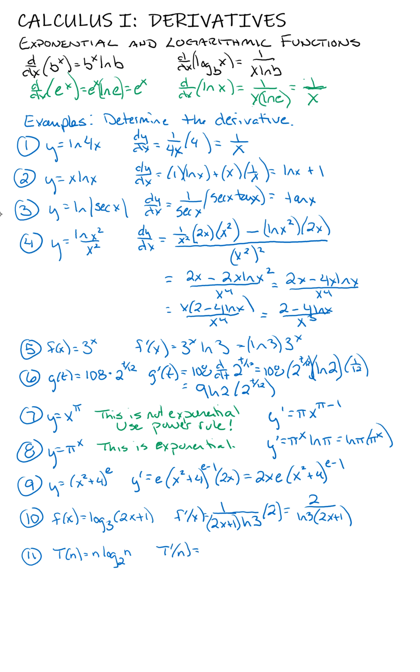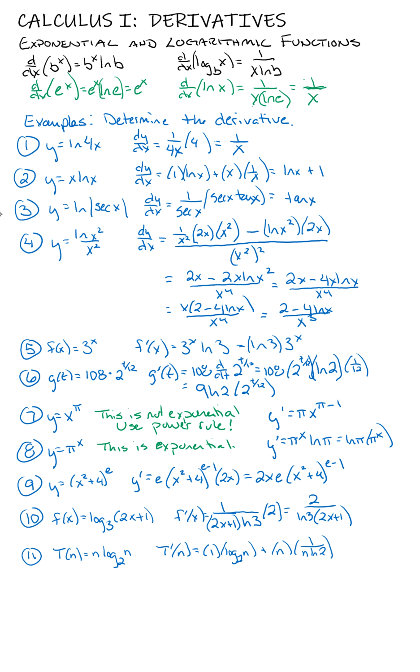The first piece is just n, so the derivative of that is 1, times the second, log base 2 of n, plus the first, which is just n, times the derivative of the second. The derivative of log base 2 of n, I have to use that log rule, that's 1 over n times the natural log of the base, which is 2.